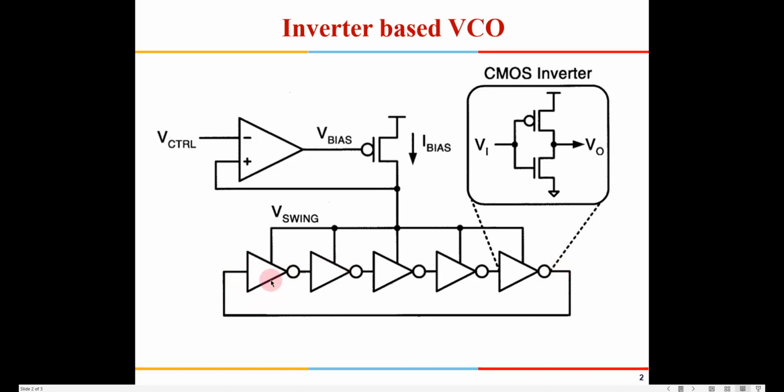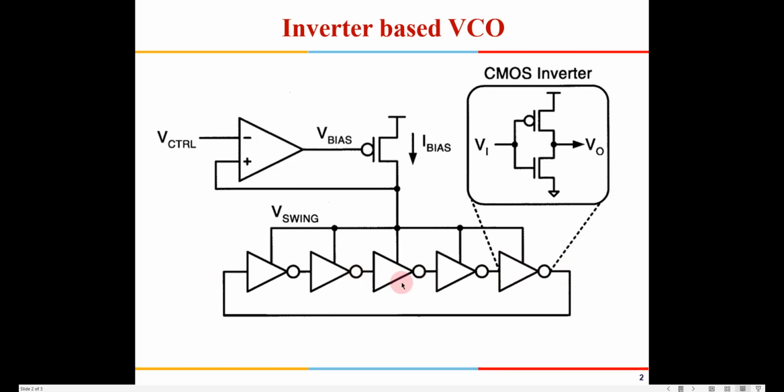Now there will be certain propagation delay here, and based on that propagation delay, this works like a ring oscillator. If you take the output from any stage, it will continuously change from 0 to 1. Is this aspect clear to all of you?